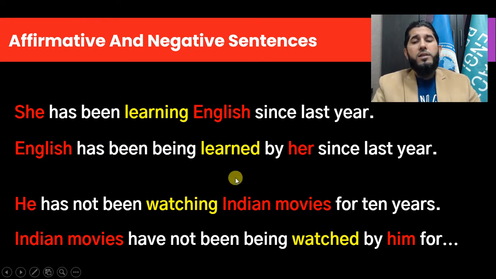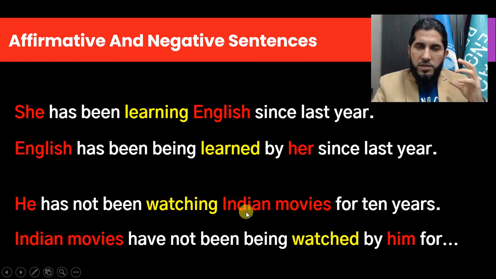But as I've said several times before in my other lessons, this is very important for you to keep in mind: these three points. Always, the object of the active sentence becomes the subject of your passive sentence, and the subject of your active sentence becomes the object of the preposition.